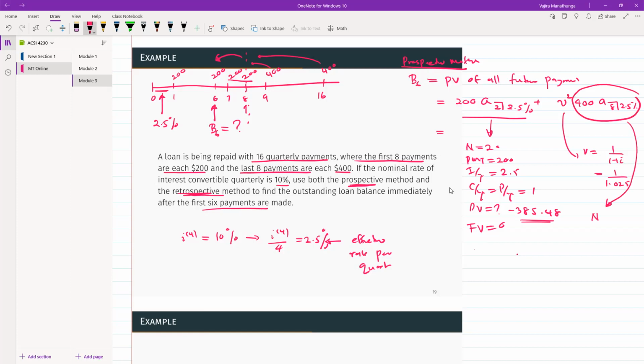To get that one, I have to enter n equal 8, payment equal 400, and the rest is actually the same. So I/Y is 2.5, C/Y, P/Y is 1. Present value is what we need, future value is 0. So let's use that.